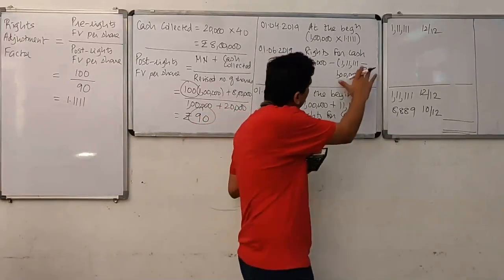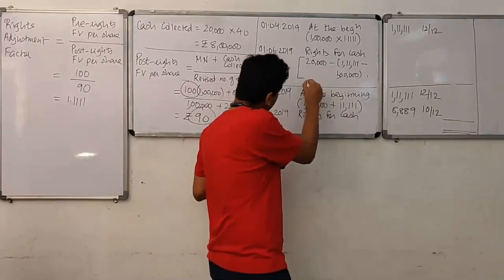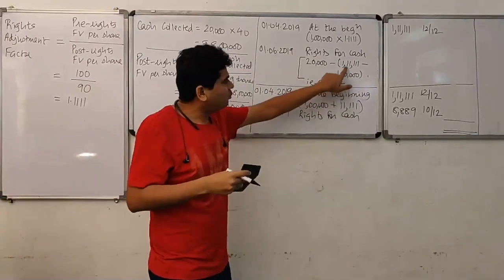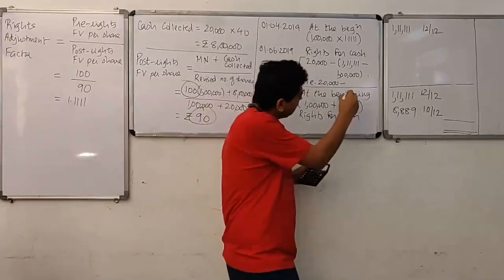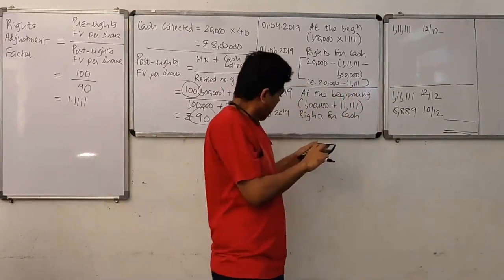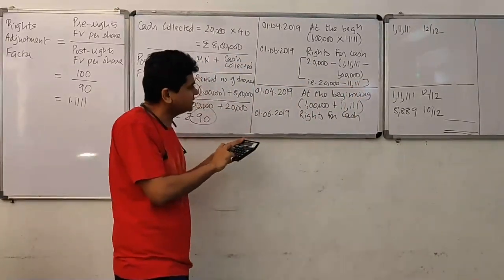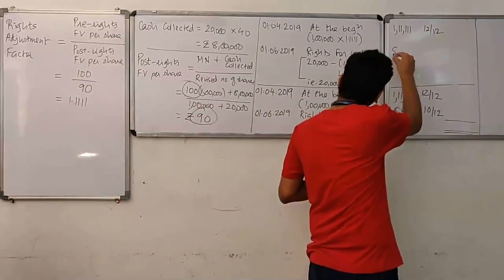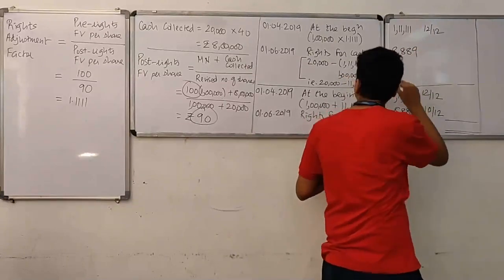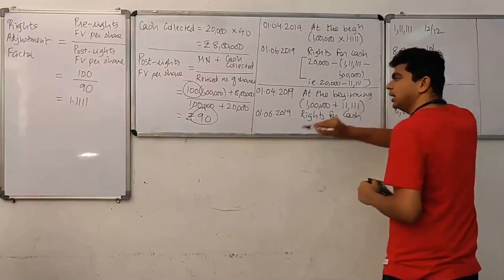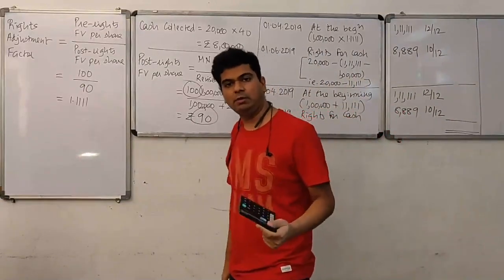If you will closely look over here, this is actually turning out to be 20,000. And the moment from this I'll deduct 1 lakh, I will get 11,111. Isn't it? So 20,000 minus 11,111 will turn out to be 889, which I will consider from the date of allotment, and I'll get a time weight of 10 by 12.